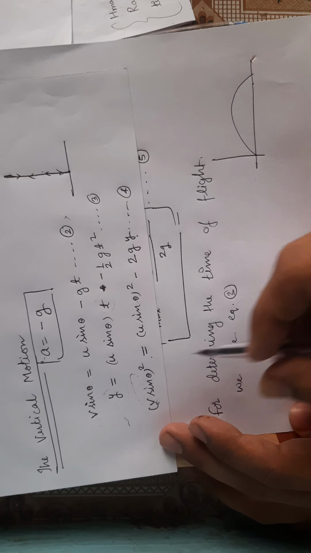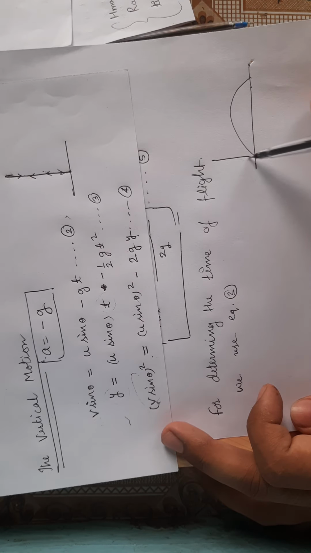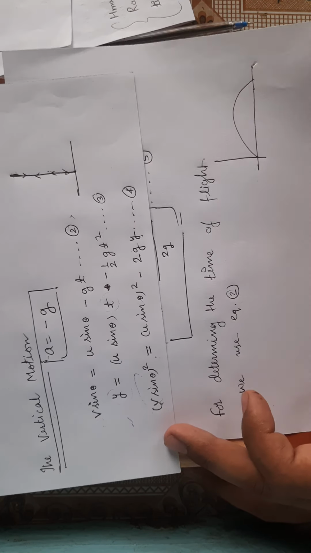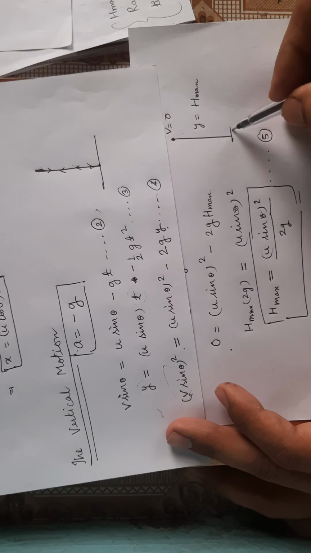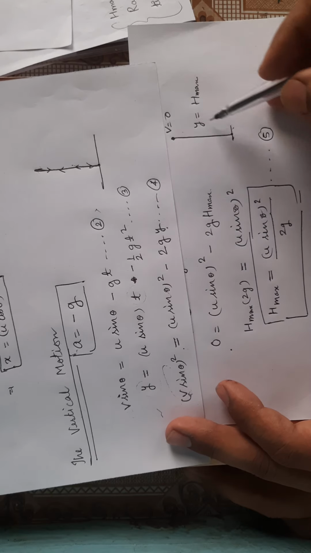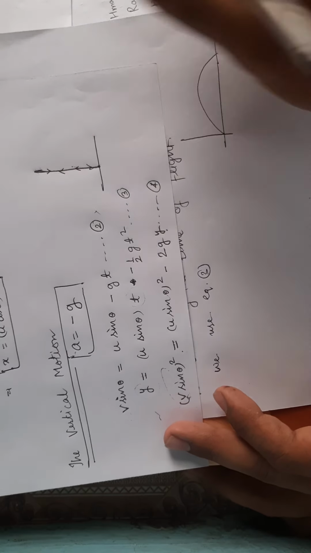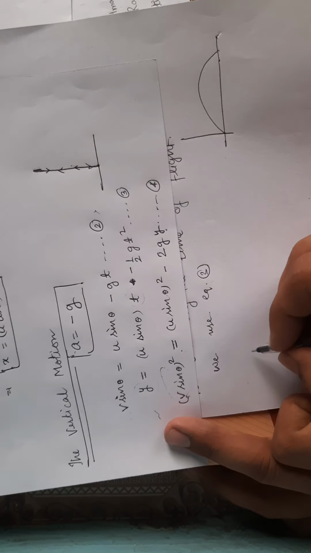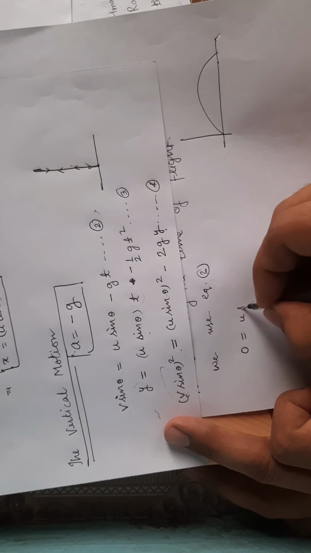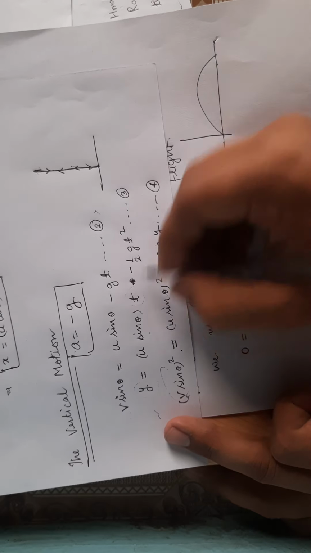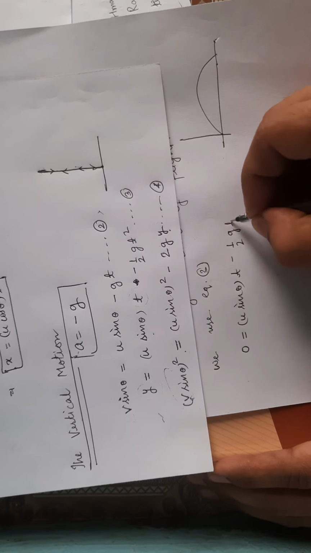And we take the equation from the vertical motion. In the vertical motion, the initial position and the final position of the particle are the same, so the displacement along the vertical direction will be 0. So we can take y as 0, and the initial velocity is u sine theta, and the time taken for the whole journey is t, minus half g t square.